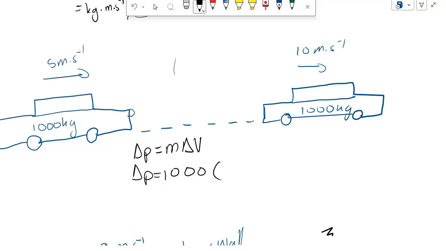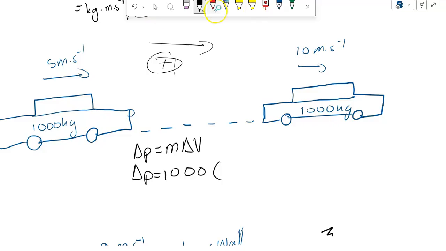Why am I saying this? When it comes to mechanics, paper 1 especially, you need to choose a direction. You need to choose a direction. I'm emphasizing this. I am going to just choose to the right as positive.